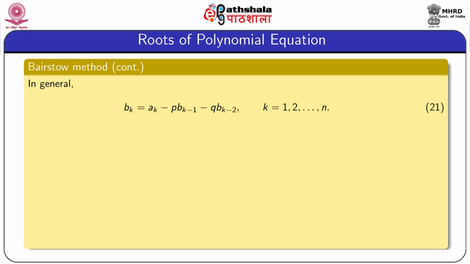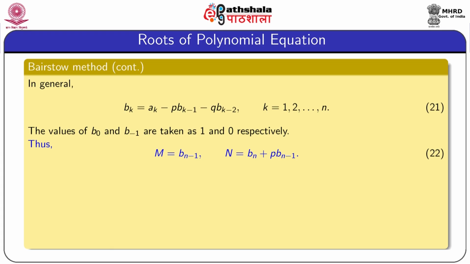In general, the values of b's are obtained by equation number 21. This is a recurrence relation to get the values of b1, b2 up to bn, and this one is bk equal to ak minus p into b_{k-1} minus q into b_{k-2}, and for consistency we assume that b0 is equal to 1 and b_{-1} is equal to 0.